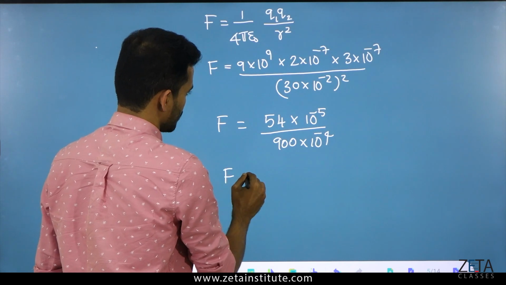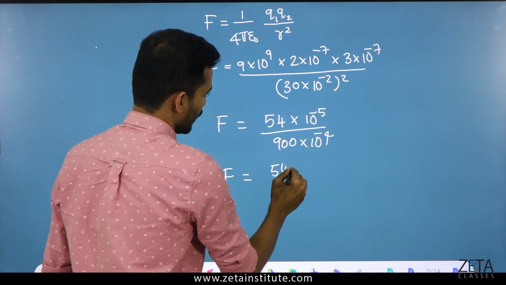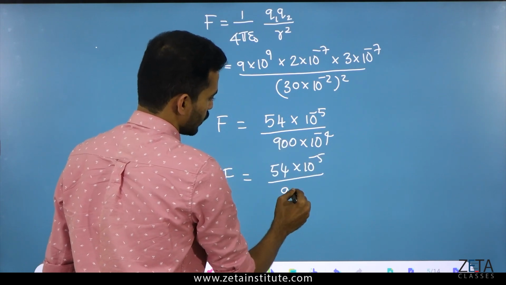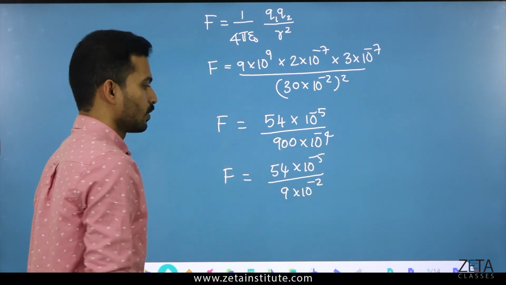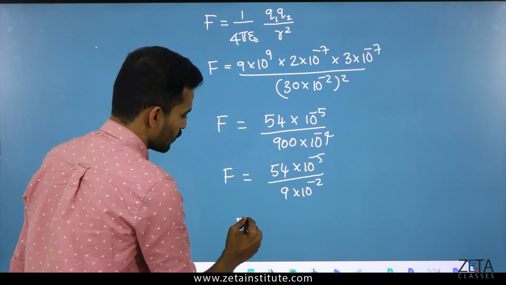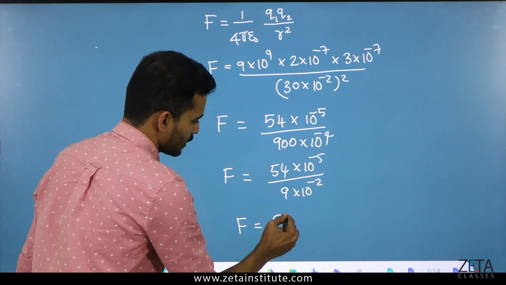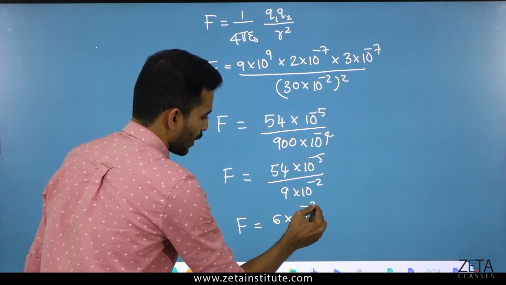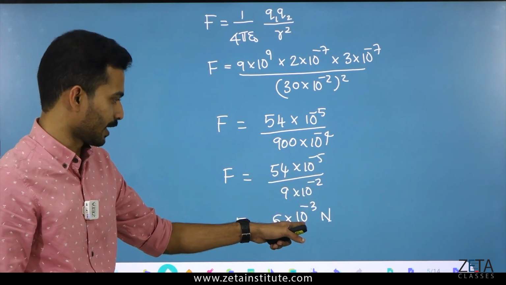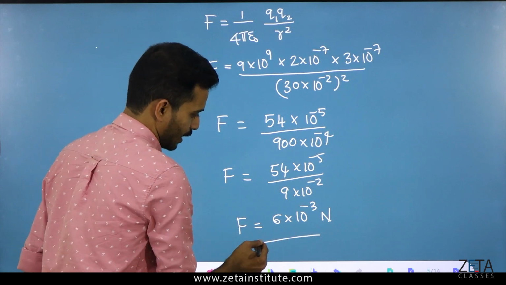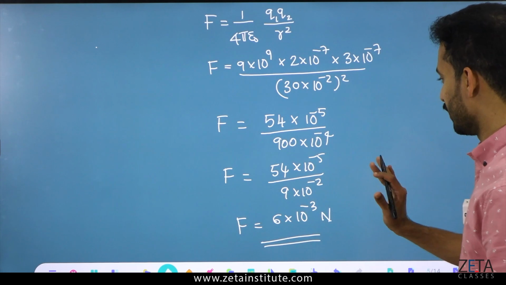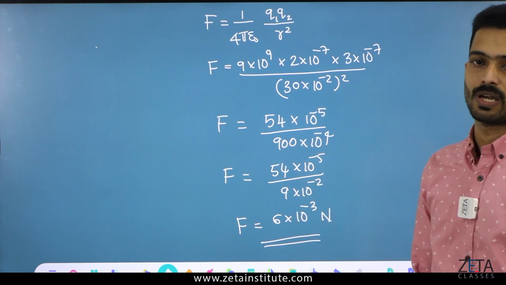That is F is equal to 54 into 10 raised to minus 5 divided by 9 into 10 raised to minus 2. So, what is the last answer? 54 by 9, that is 6. 10 raised to minus 5 divided by 10 raised to minus 2 leaves 10 raised to minus 3. The force is given by F is equal to 6 into 10 raised to minus 3 Newton. So, the force between the two charges is 6 into 10 raised to minus 3 Newton.